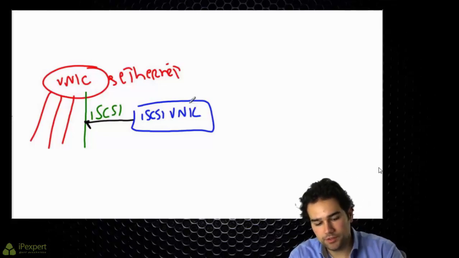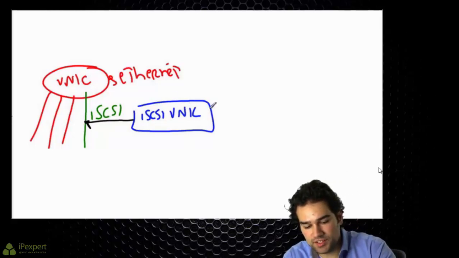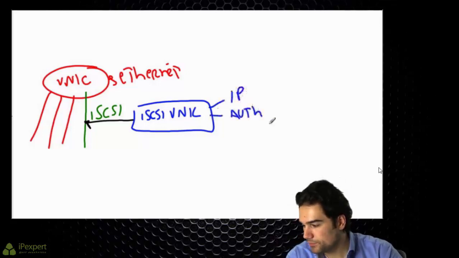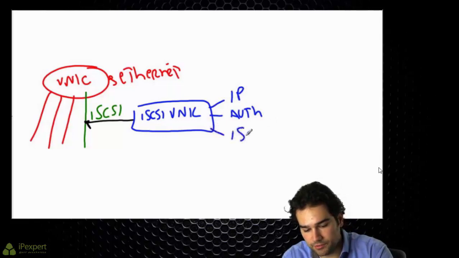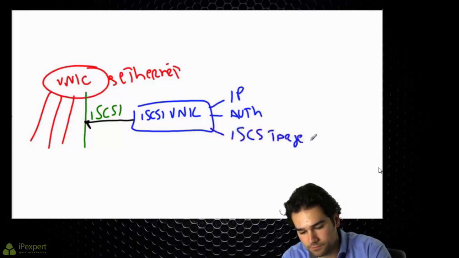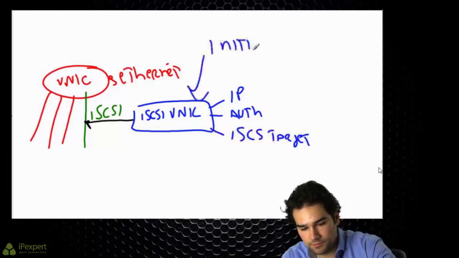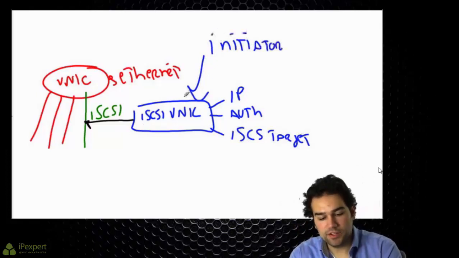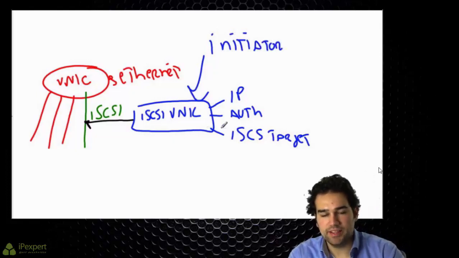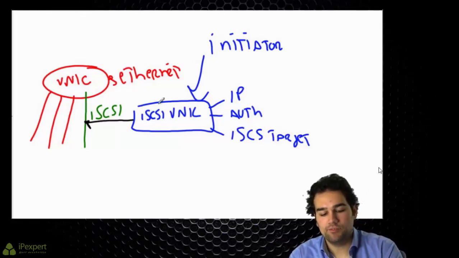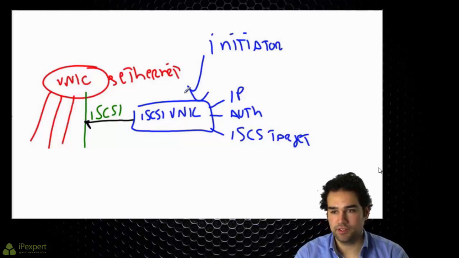Actually, it is on the Palo card, but it's not an actual VNIC, because it's going to have an IP address configured, authentication configured properly, and an iSCSI target configured. So this iSCSI VNIC is my iSCSI initiator. I configure my iSCSI initiator settings on the iSCSI VNIC. So along with having an Ethernet VNIC, I need to have an iSCSI VNIC to run my iSCSI traffic.